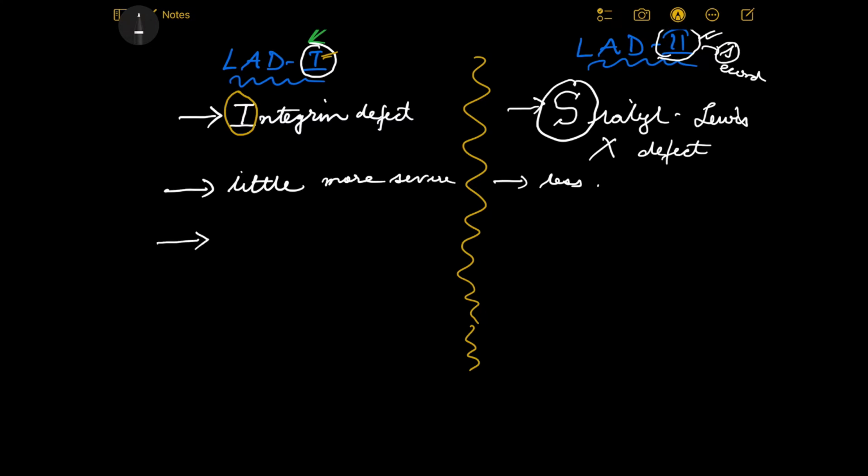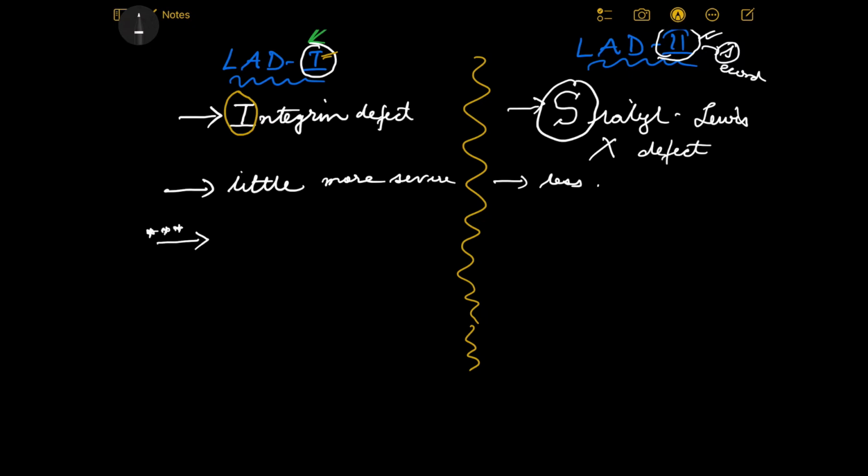Third point, and this is the most important point. How exactly are you going to differentiate, sitting in a clinic as a physician, between a patient having LAD1 and a patient having LAD2?